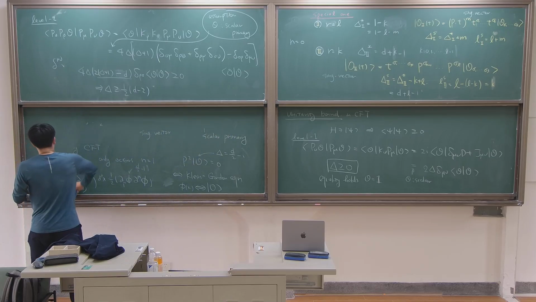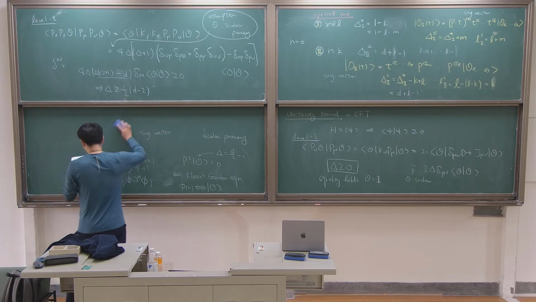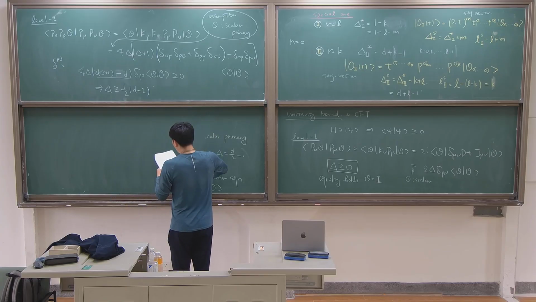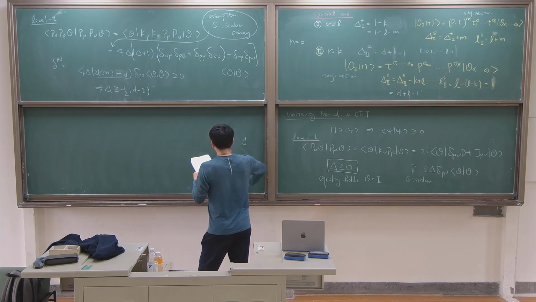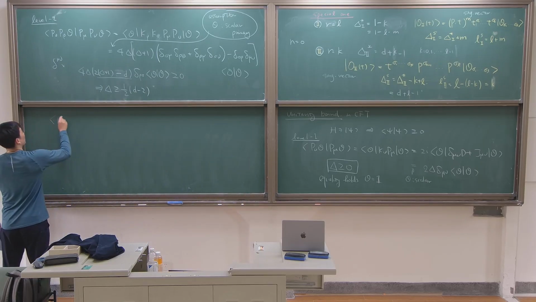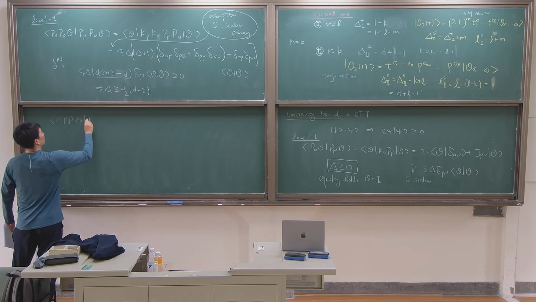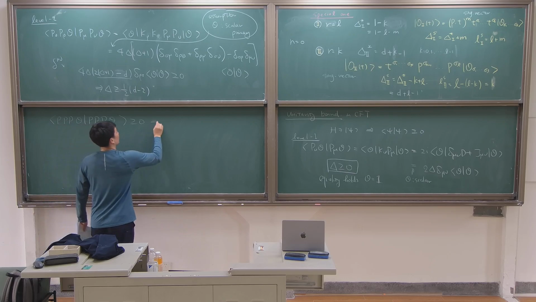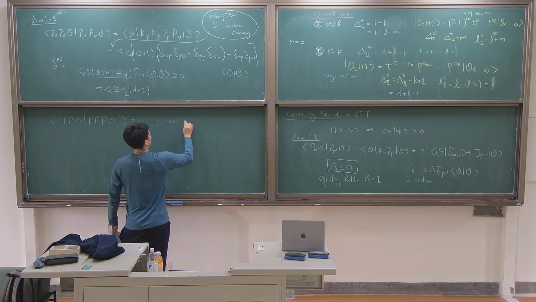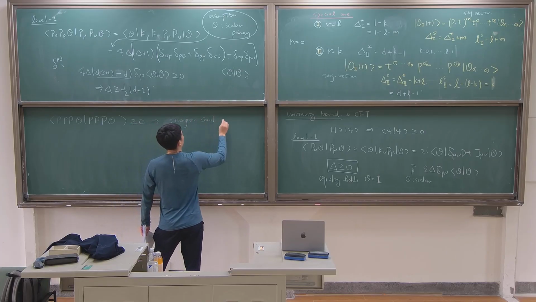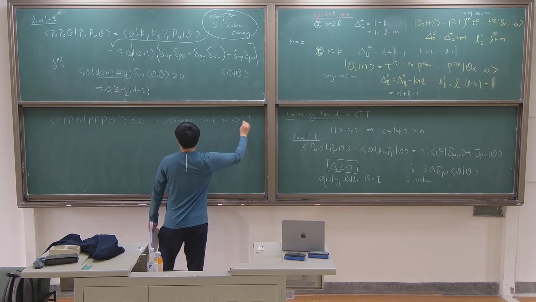And you may think, if you go to higher levels, like level 3 and level 4, like for instance if you consider the condition PPP O is greater than 0, can you say more, like a stronger condition on delta?